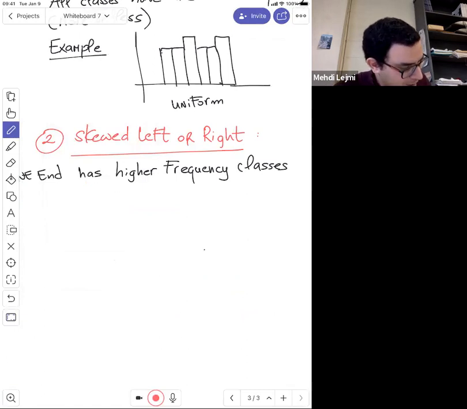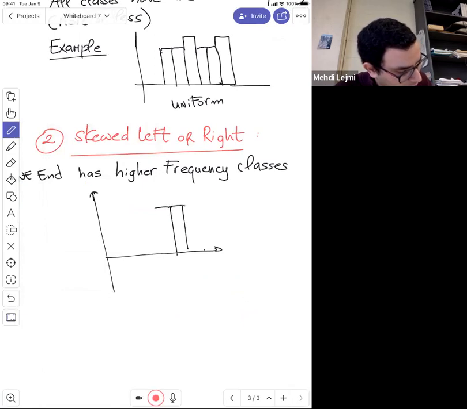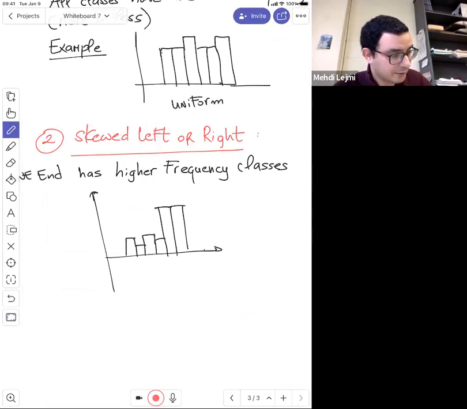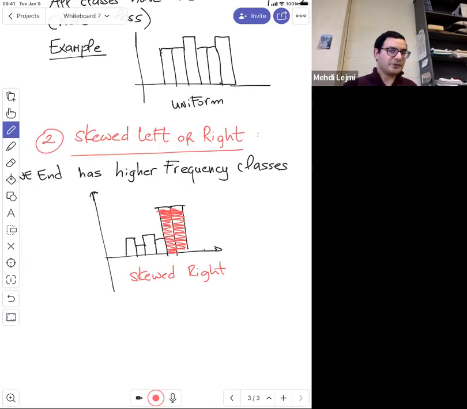For example, this histogram here would be skewed right, because on the right side you have the two classes with the highest frequencies. So it's skewed right.